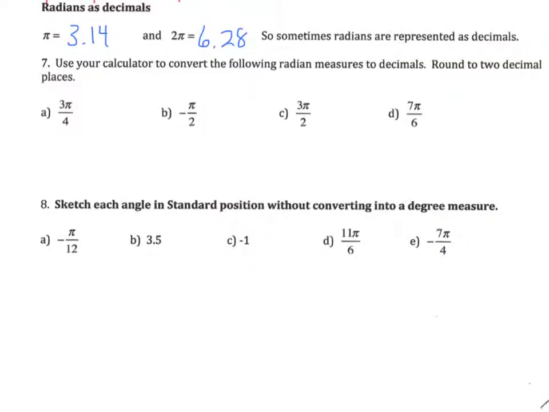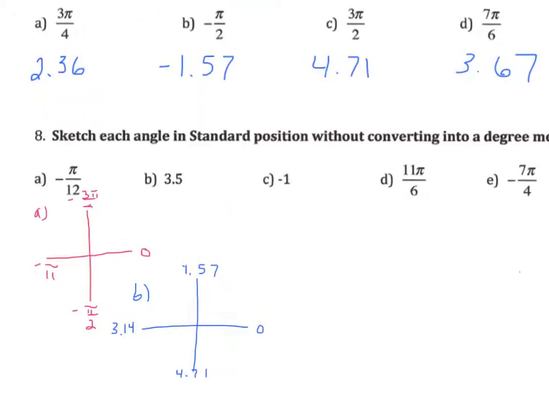For the next set of problems, I would like you to use your calculator to convert the following radians into decimal radians. All it is is typing 3 pi divided by 4 into your calculator. So why don't we pause the video and then restart it and you can check your answers. Hopefully you got the decimals above.